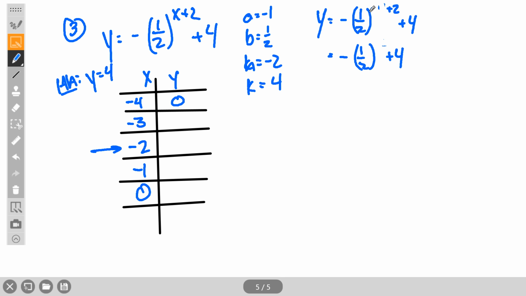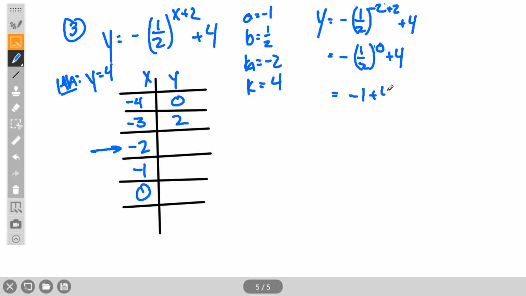Okay, next we'll plug in -3. So that's -1. 1/2 to the -1 is 2. So it's -2 plus 4, which is 2. Okay, next we'll plug in -2. -2 plus 2 is 0.